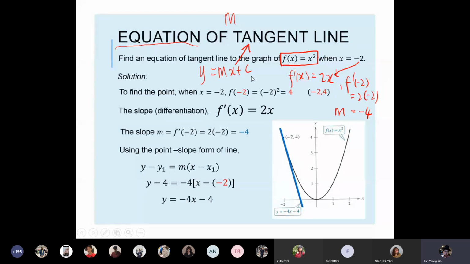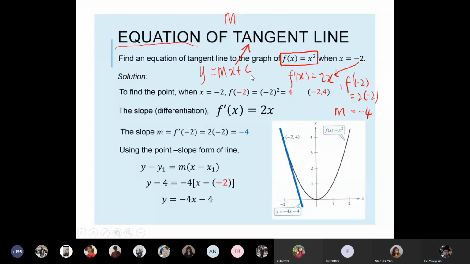Okay, students, do you still remember last time when we learned this? To find the c, besides the slope, what information do we need? A point. Good. All right, we need a point.